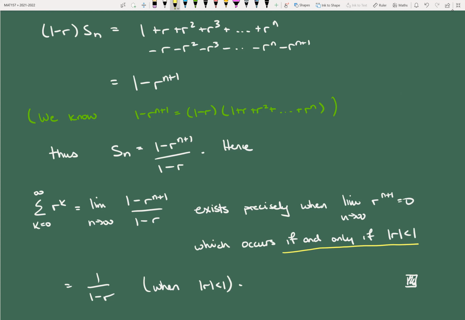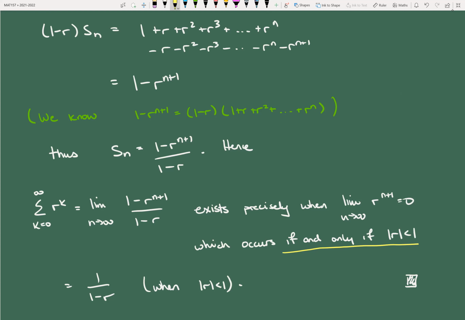And if you take numbers less than 1 and exponentiate them, they shrink and go to 0. You might need to convince yourself a little more of that, and it will make your life really easy.